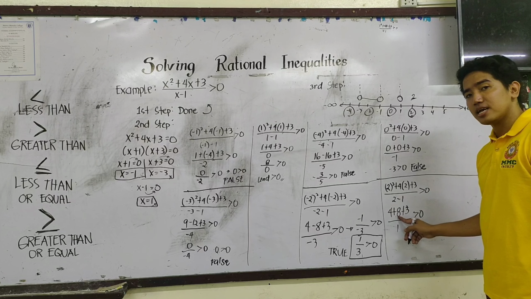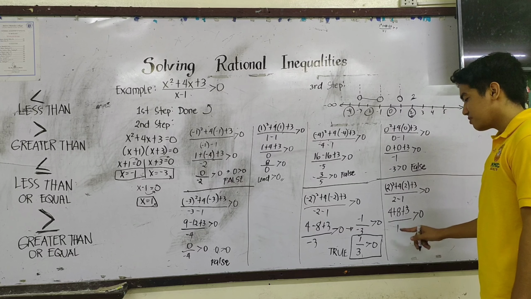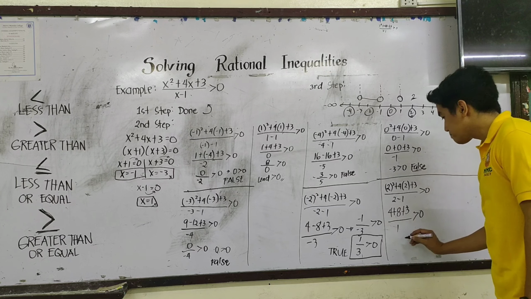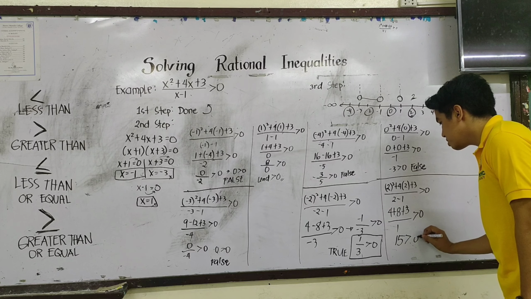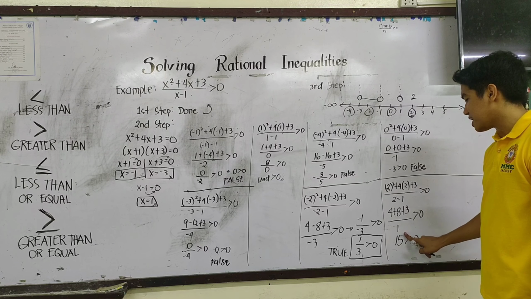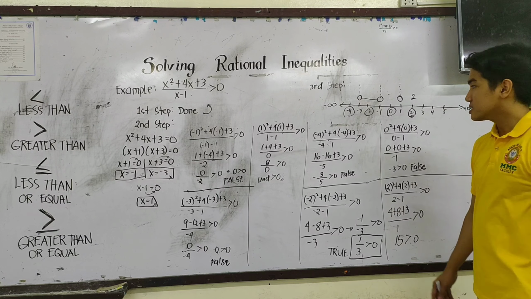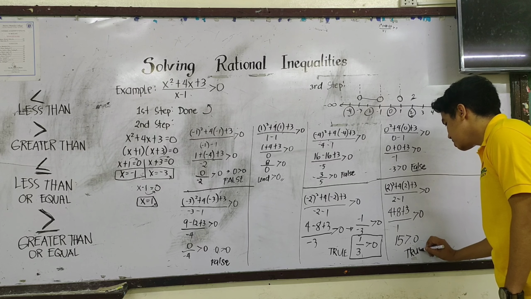4 plus 8 is equal to 12, plus 3 is equal to 15. Divided by 1, it is equal to 15. So, we have 15 is greater than 0. Siyempre naman, mas mataas yung 15 kaysa kay 0. So, it is true. Another true.